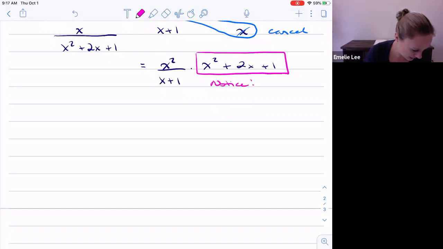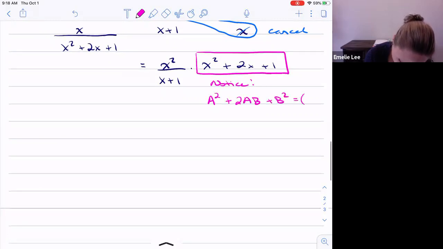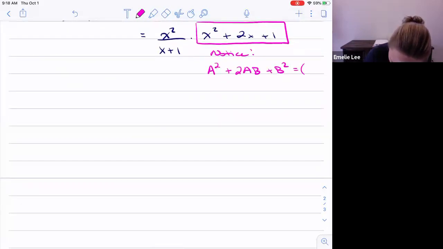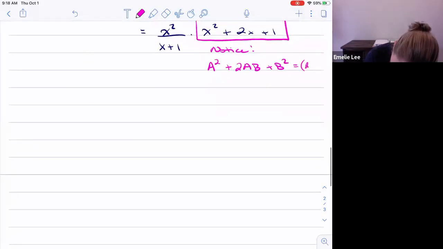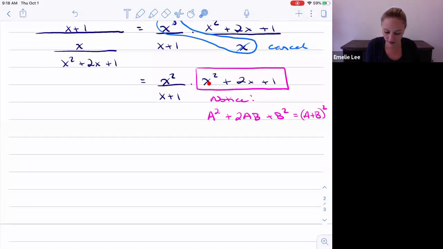Remember, a squared plus 2ab plus b squared we can rewrite as a plus b squared. So we recognize this pattern as x squared plus 2 times x times 1 plus 1 squared, and so we can rewrite this as x plus 1 squared.